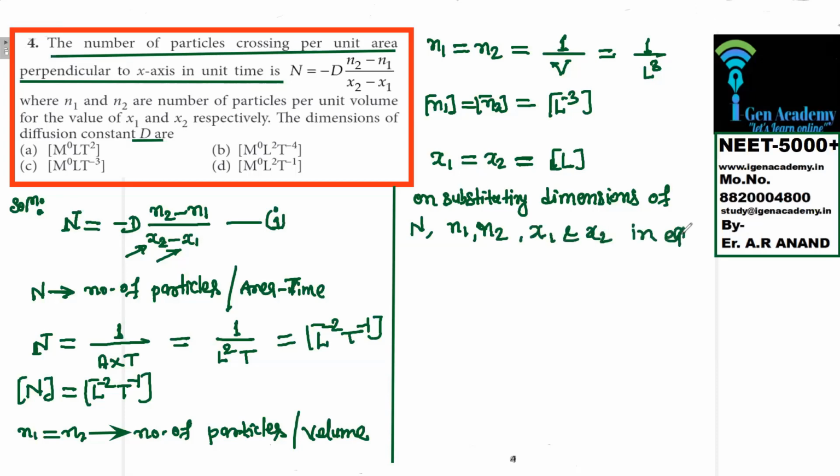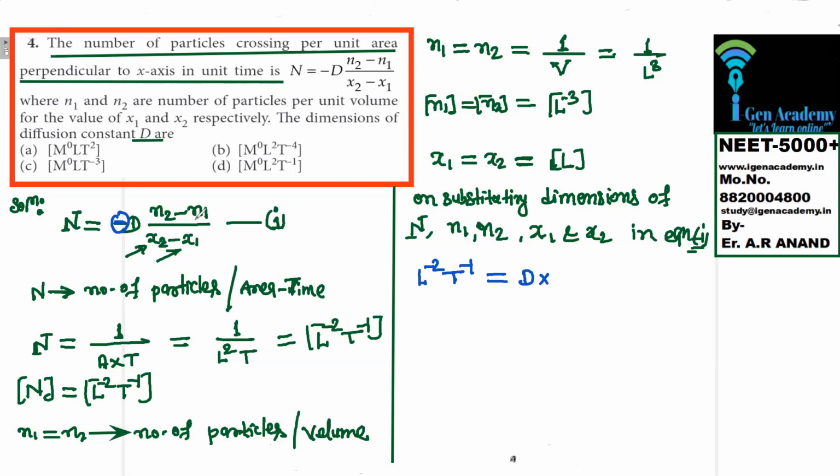At the place of N, we are going to write L raised to the power minus 2, T raised to the power minus 1. Here, in dimensions, the negative sign and positive sign do not make any sense, it does not have any significance actually.